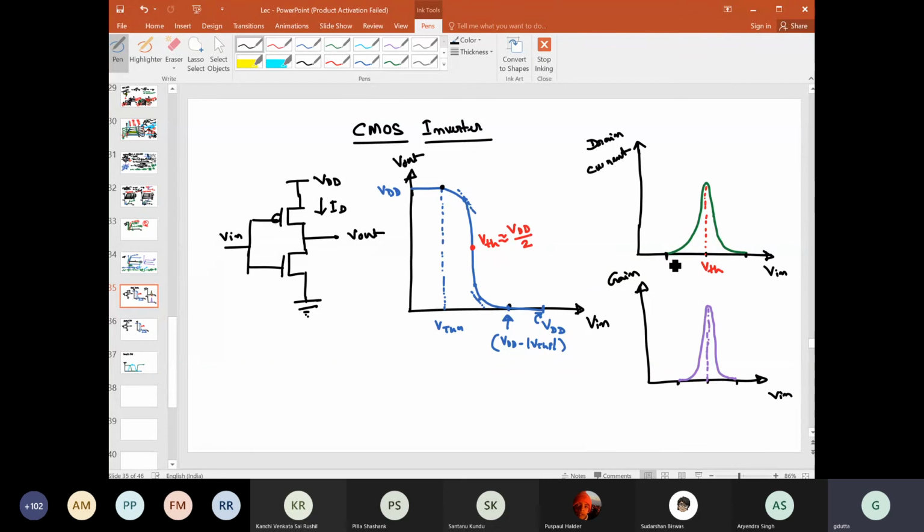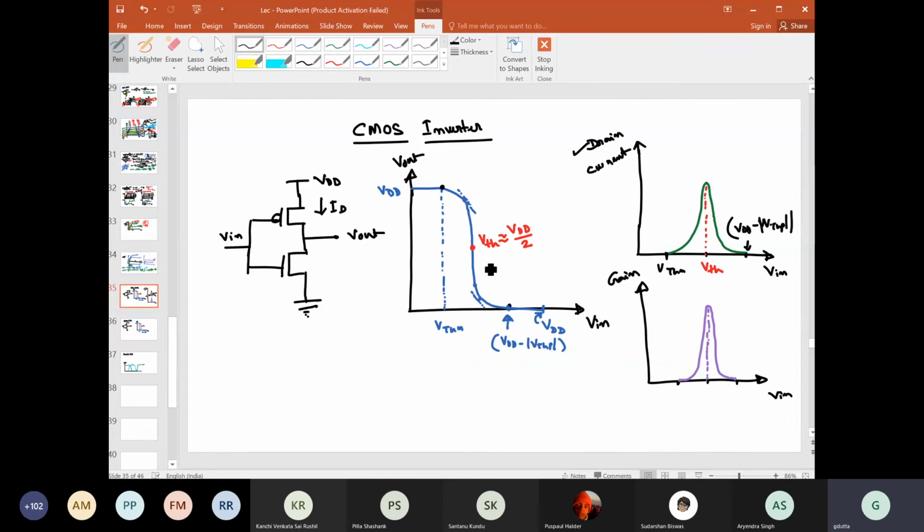So if you want to plot this drain current, then between this VTHN threshold voltage and this point, which is VDD minus mod of VTHP, we will have some current, and obviously the current will be maximum in this region. So we can see here, the current is maximum near the switching threshold, right? And that's how the current will look.